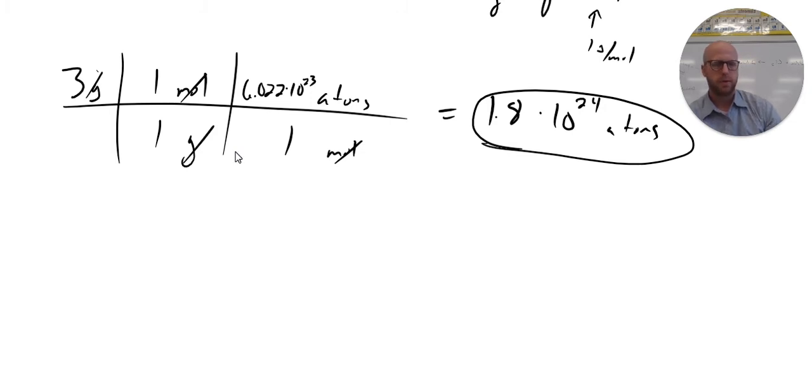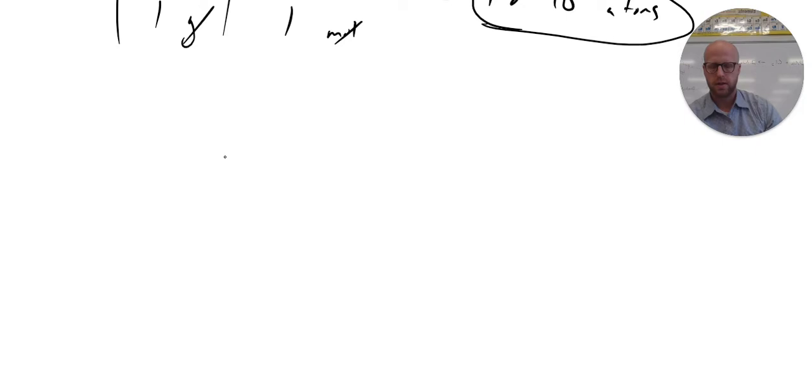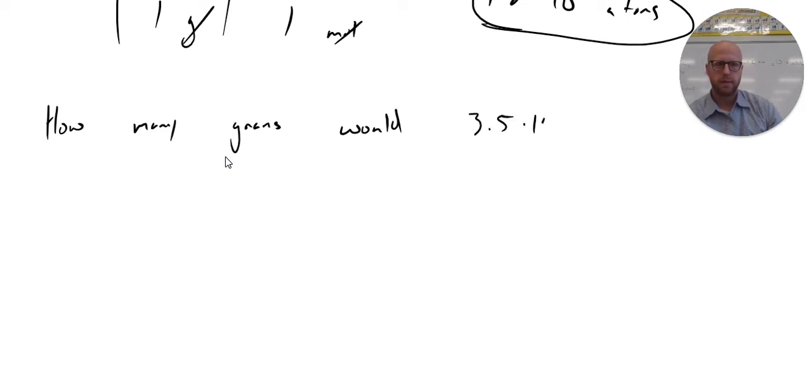Okay, let's do one more example here. How many grams would 3.5 times 10 to the 25th atoms of carbon weigh?